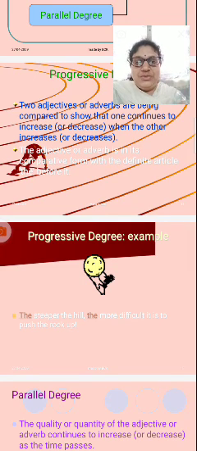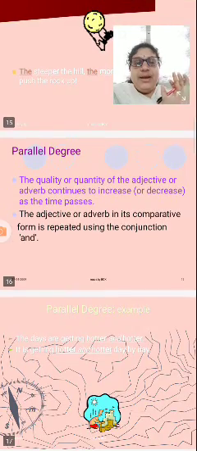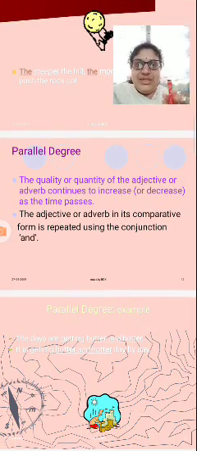Before the progressive degree, the article is compulsory. So in the steeper the hill, the more difficult it is to push the rock, before the comparative form we have taken the article the.